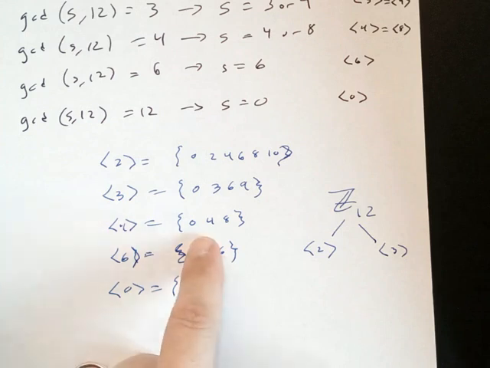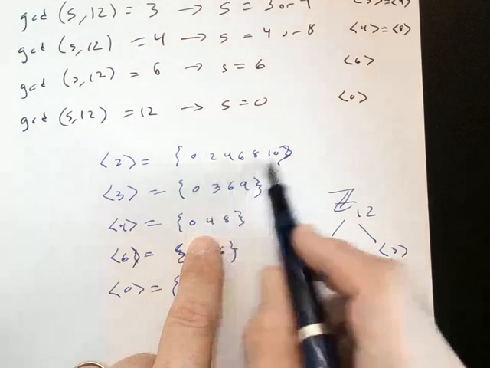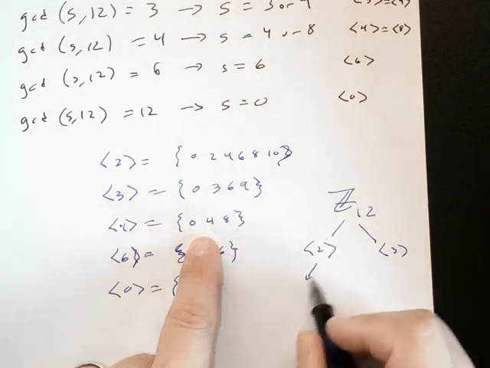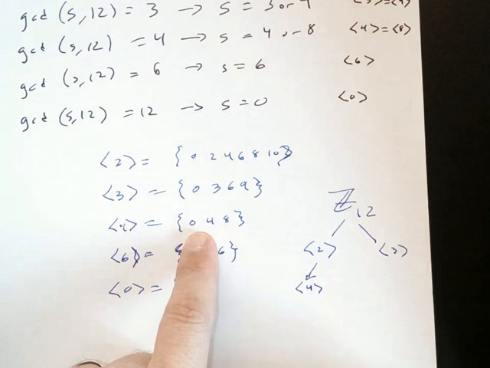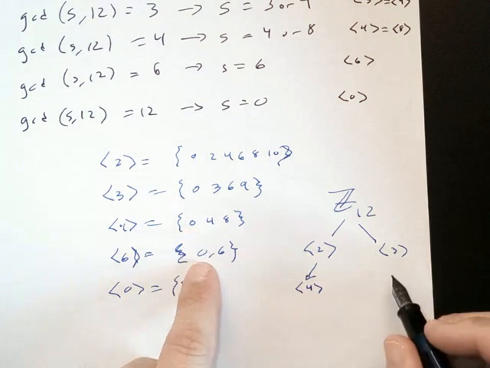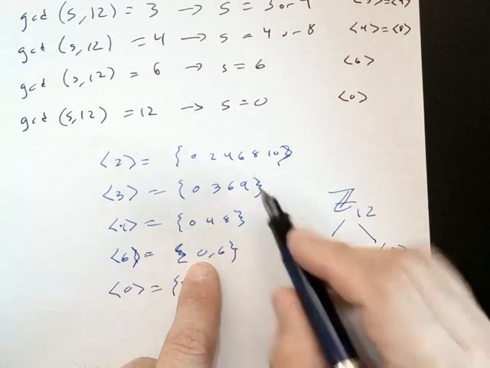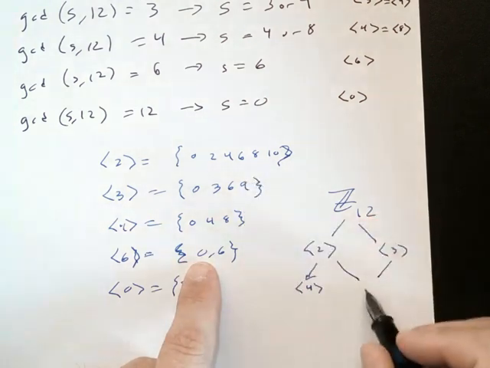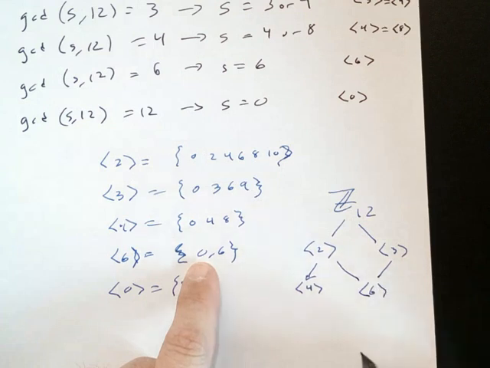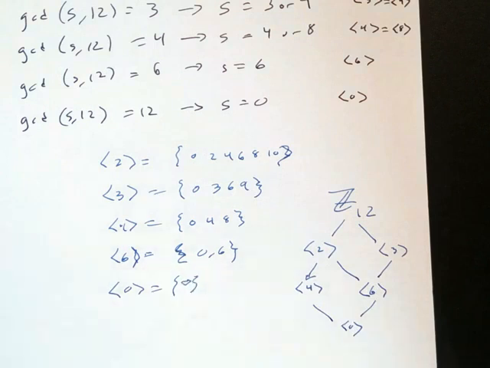But the subgroup of size 4, all of those elements are in here. Sorry, the subgroup generated by 4. And the subgroup generated by 6 is in both of these. And both of those contain the subgroup generated by 0.